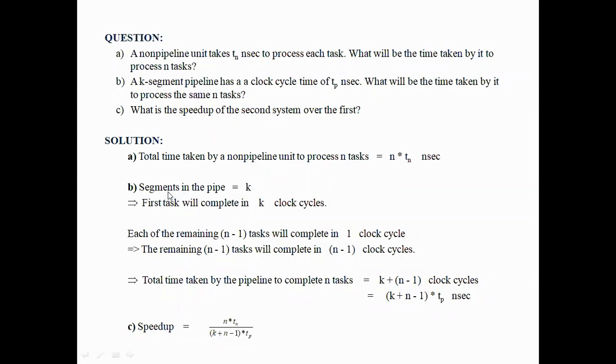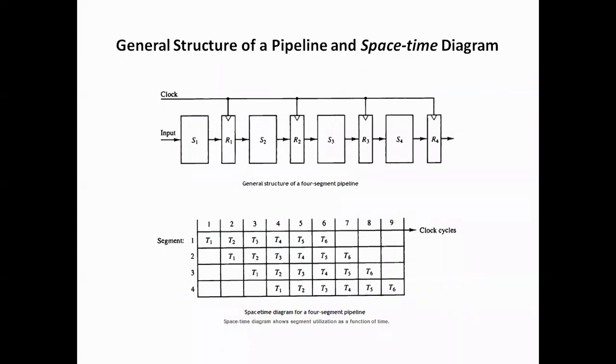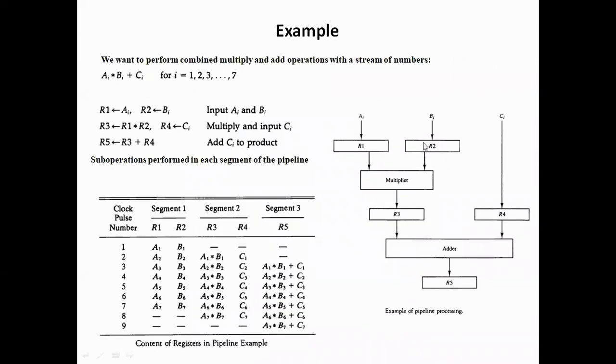First, it is given that segments in this pipe are k. If there are k segments in the pipe, what will be the time taken to complete the first task? We just saw in the previous examples that with 3 segments, the first task was completed in 3 clock cycles.